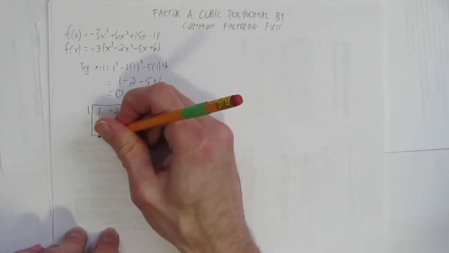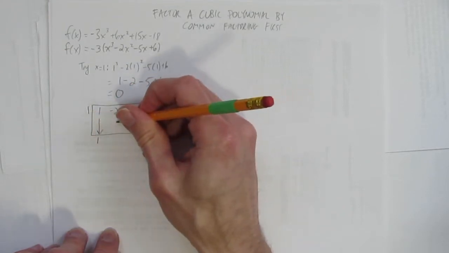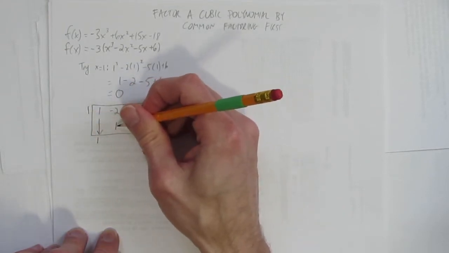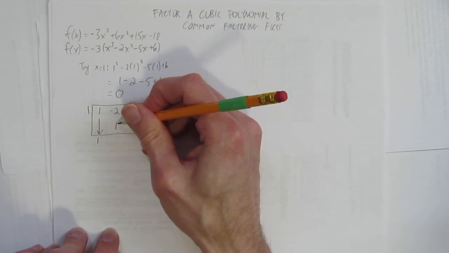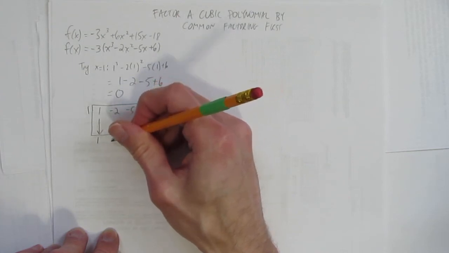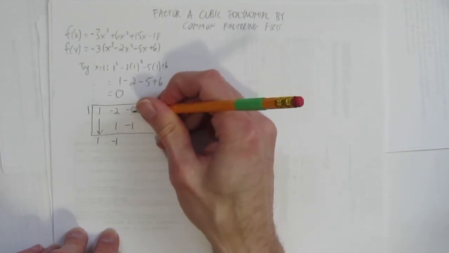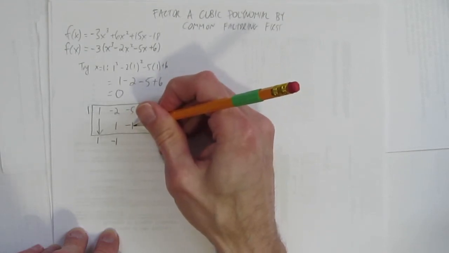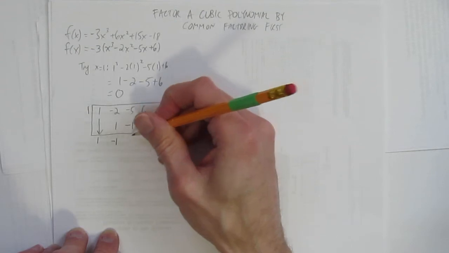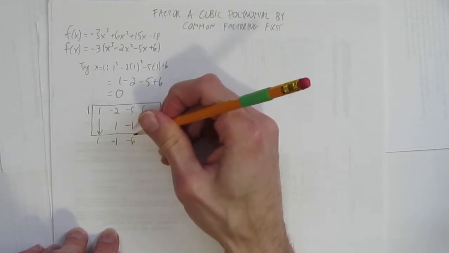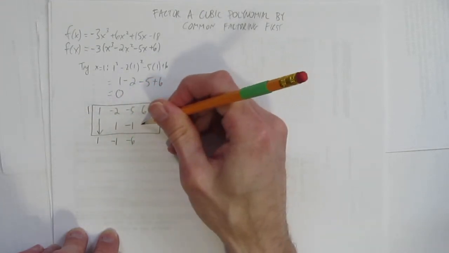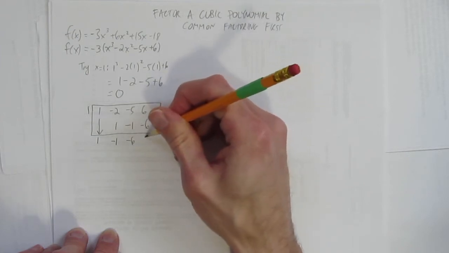I'm going to bring down this 1, and I'm going to multiply. -2 times 1, or -2 plus 1, now I'm going to add, and I get -1. Now I'm going to multiply. -5 times plus -1, and I get -6, and now I'm going to add.